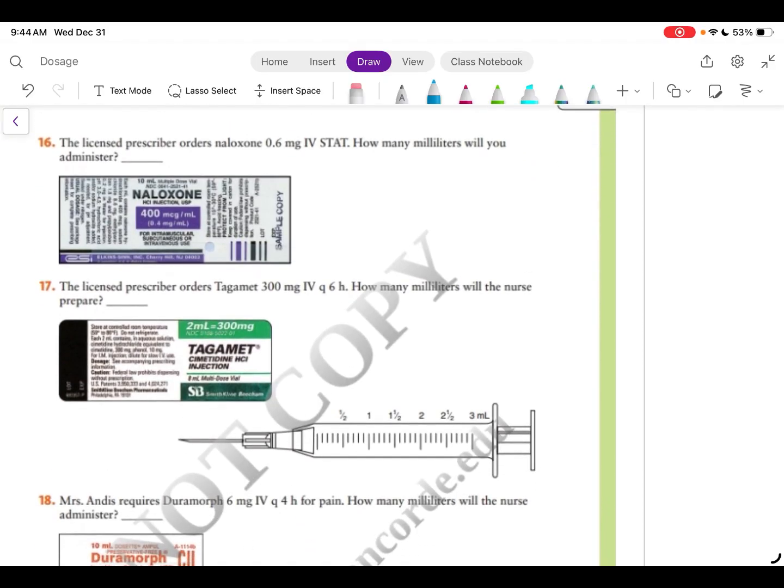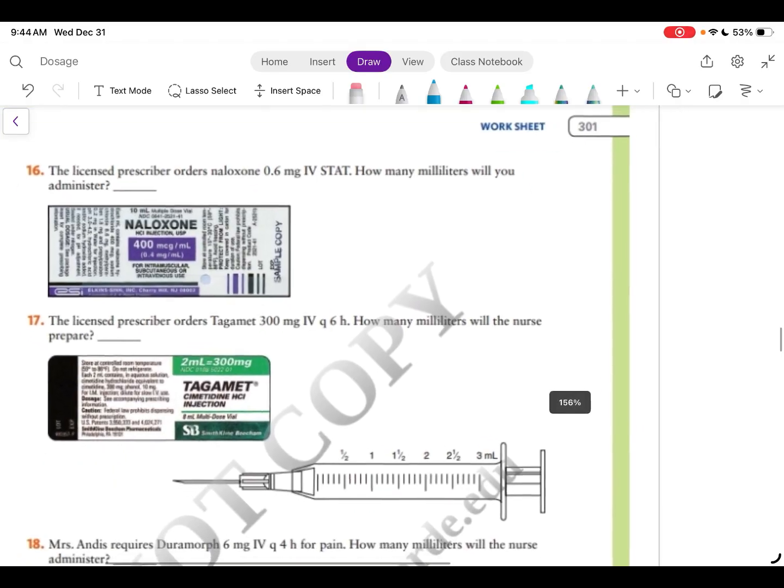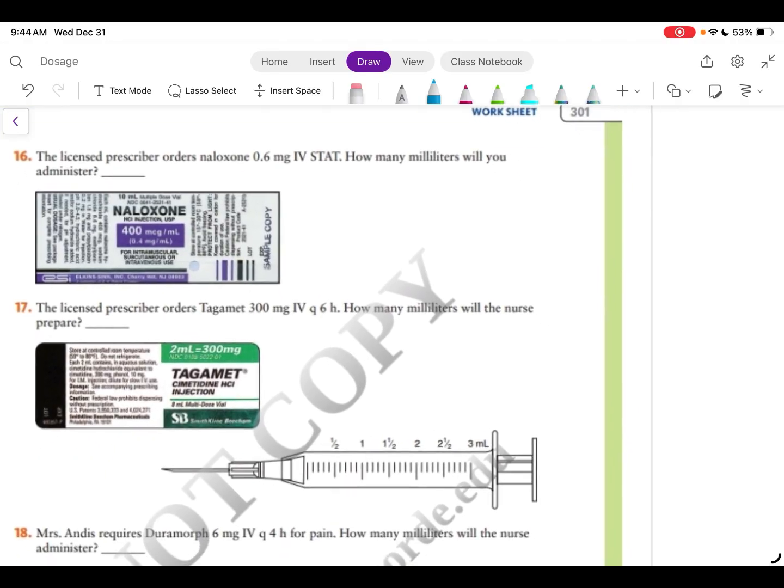Number 16. You have an order for naloxone, Narcan, for 0.6 milligrams. How many milliliters will you administer, right? So your order, and then how many milliliters.